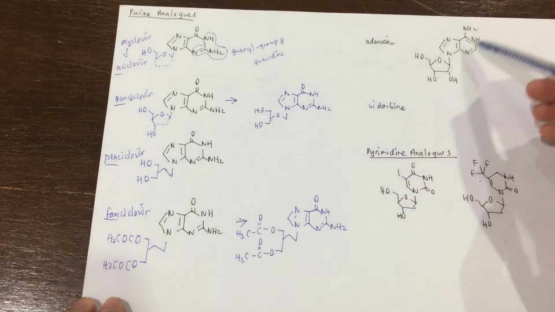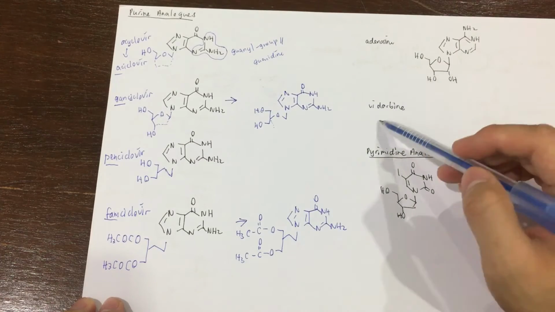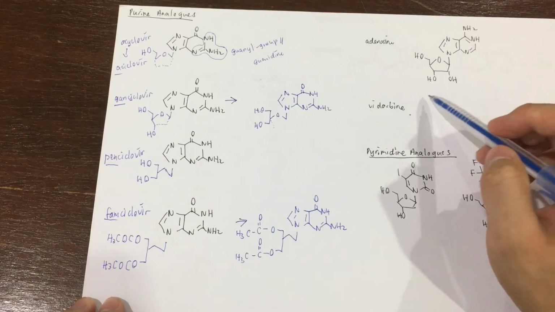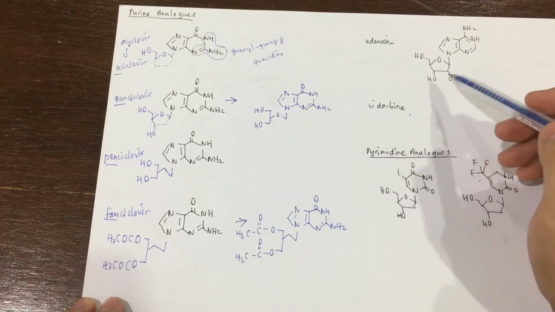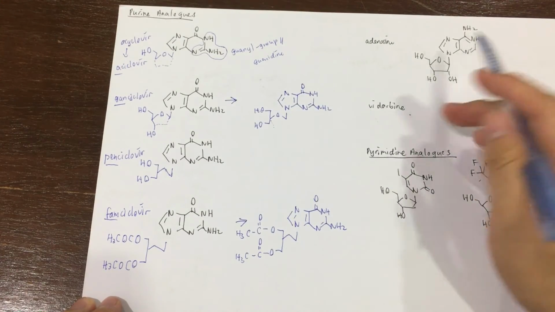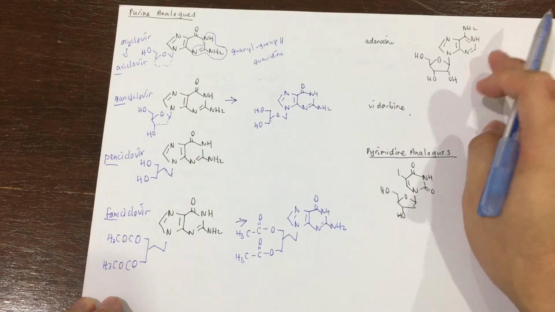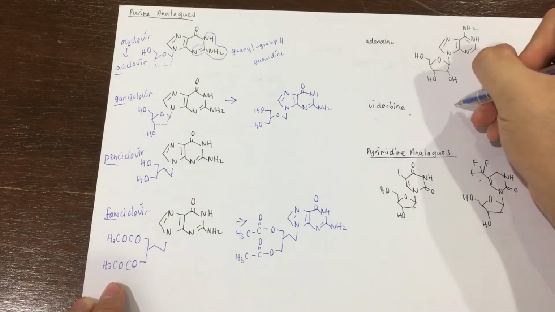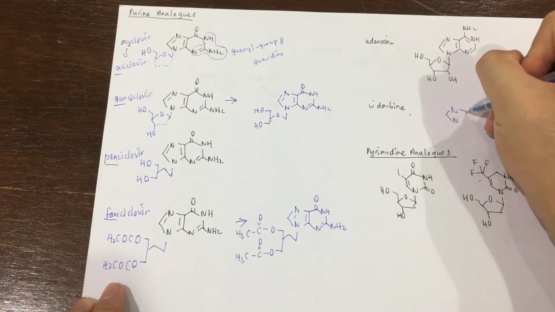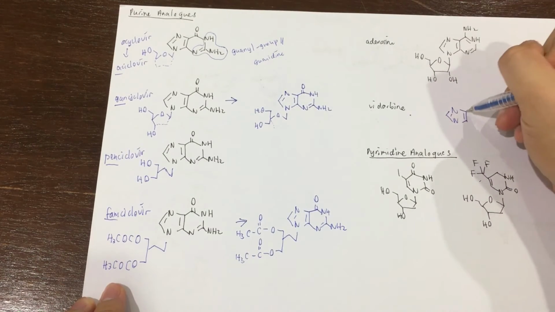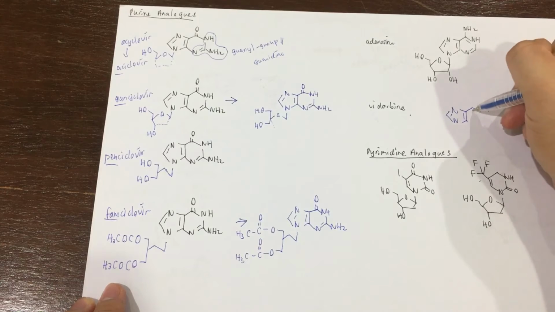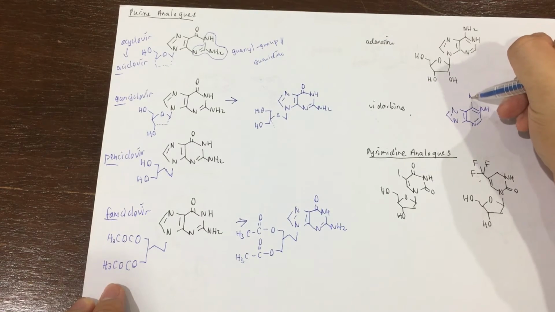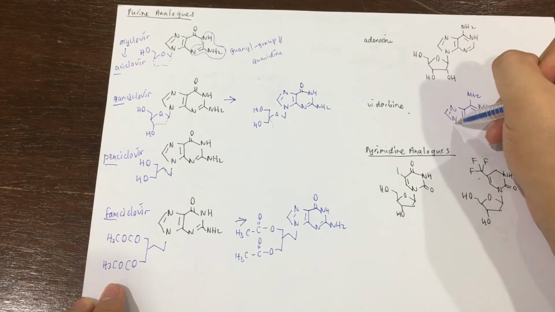Okay, and then these 2, actually just one, vidarabine here. I'm just drawing an adenosine for you to compare the structures later on. So vidarabine is an adenosine derivative. Now let me just draw it, and you can compare the difference between it and the adenosine.